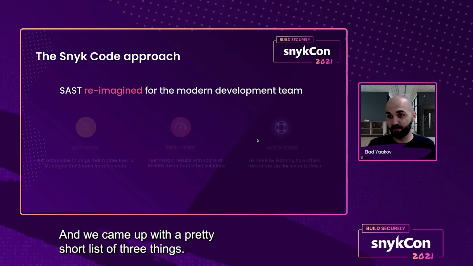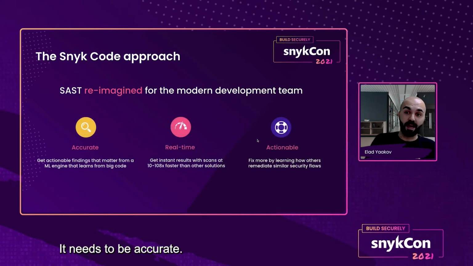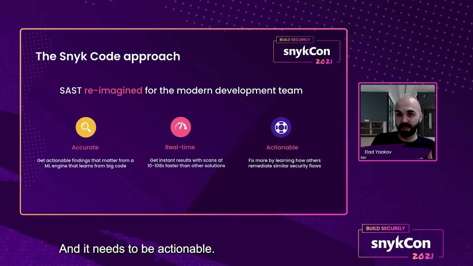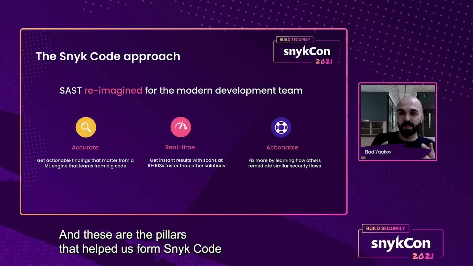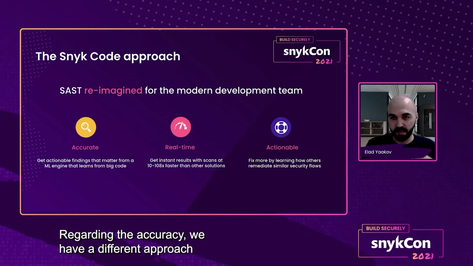And we came up with a pretty short list of 3 things. It needs to be accurate, it needs to be real time, and it needs to be actionable. And these are the pillars that helped us form Snyk Code and build it the way it is built today.